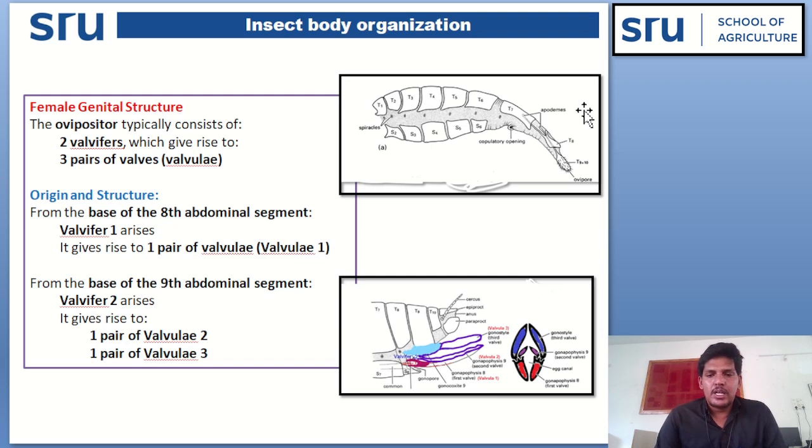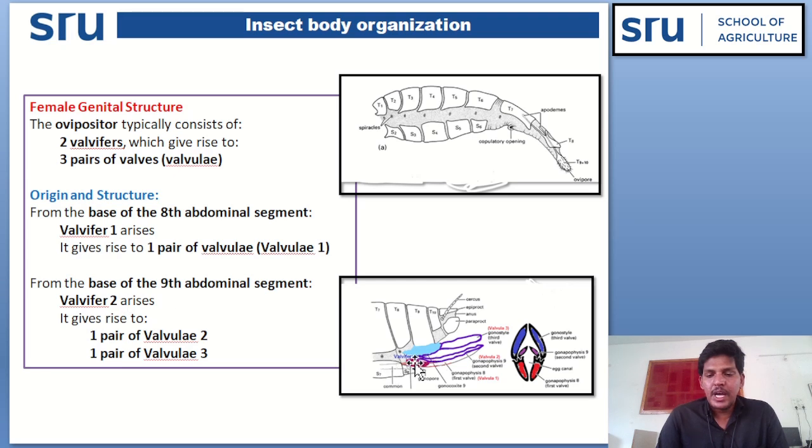See here clearly about the female genital structure. The ovipositor typically consists of 2 valvifers, valvifer 1 and 2, which give rise to 3 pairs of valvulae. See here, from the base of the eighth abdominal segment, valvifer 1 arises, and this valvifer gives 1 pair of valvulae.